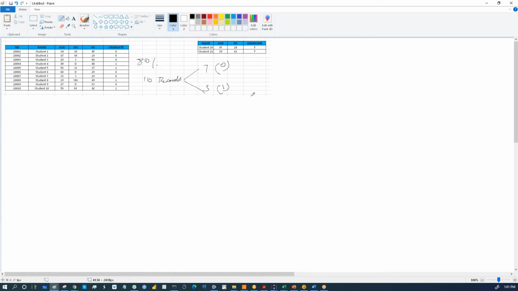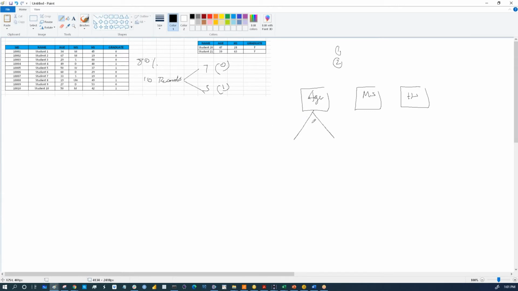Okay, so we understand step number 1 and step number 2. Now step number 3 is going to split on age, on MS, and on hours spent. For age, because it's numeric, it is going to split on the mean.